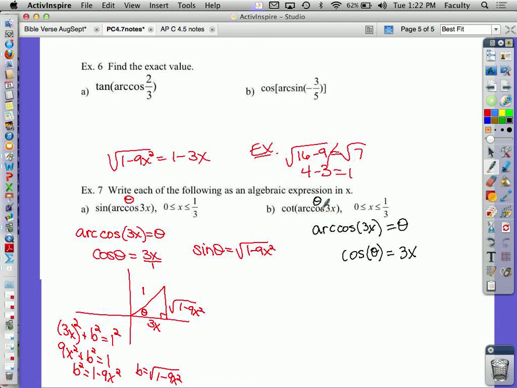I've actually already got all the work here. Then cotangent is TOA being flipped. So that's 3x over the square root of 1 minus 9x squared. The good news is I am not going to ask you to rationalize that.